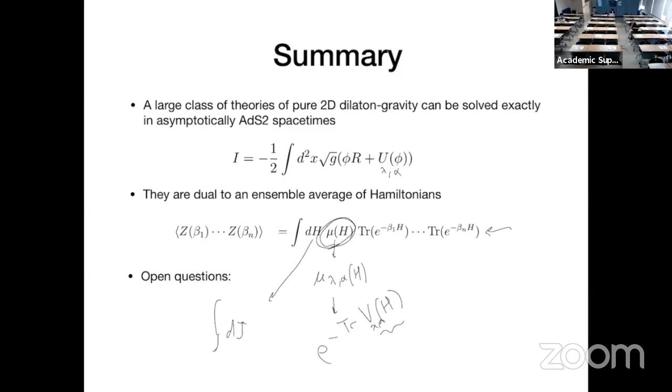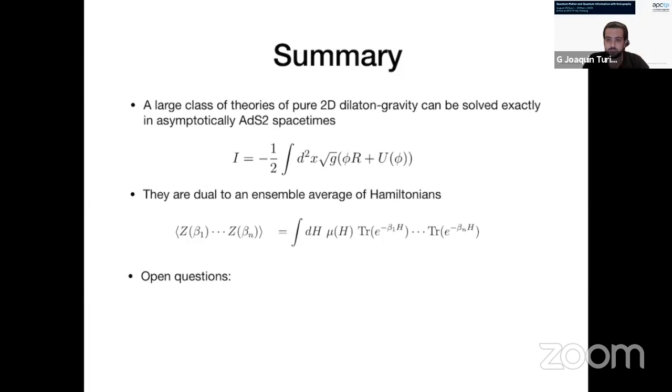Can I ask you a question? Yeah. If you consider the simplest modification of your theory, like replacing the trace of e to the minus beta h with trace of h squared, like beta 1 h squared, beta n h squared, do you have any guess what the dual action in terms of gravity should be?